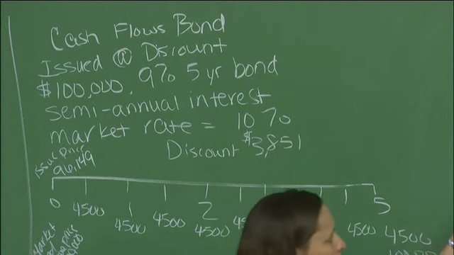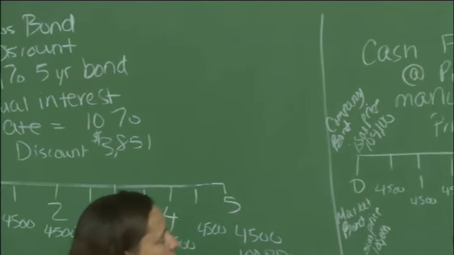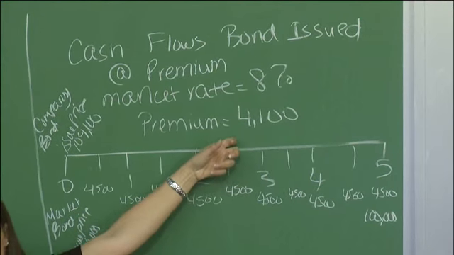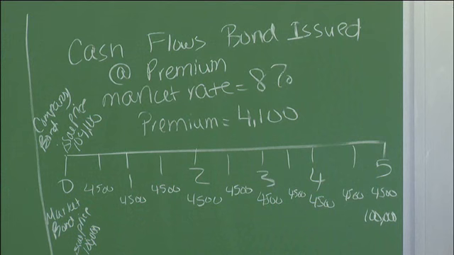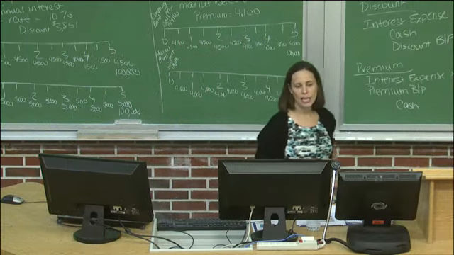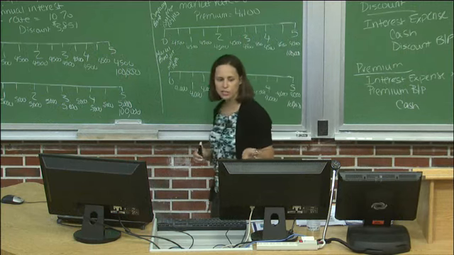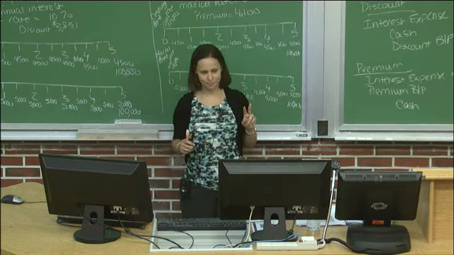In the case of a premium, at time 0, your carrying value would be that $100,000 maturity value plus your unamortized premium. At time 0, you haven't amortized any of that premium, so the premium's $4,100, so your carrying value is $104,100. Any questions?